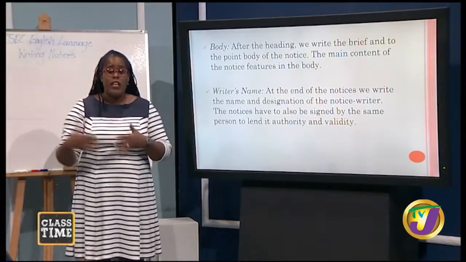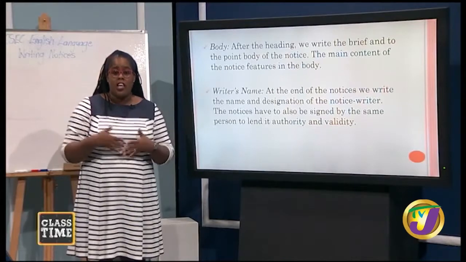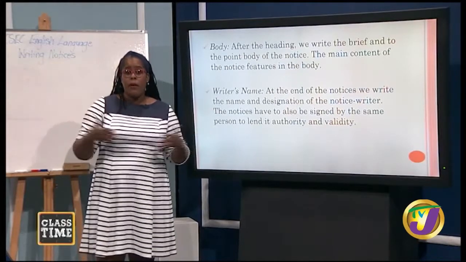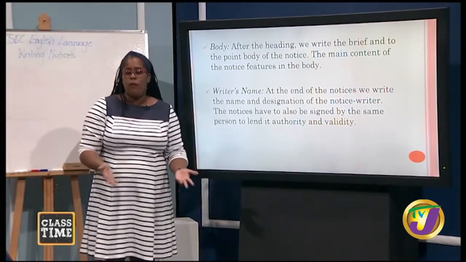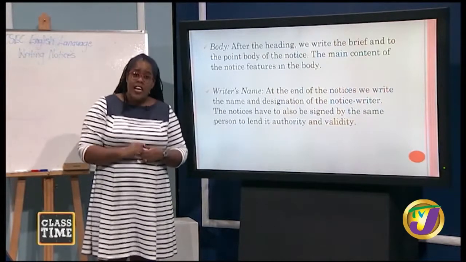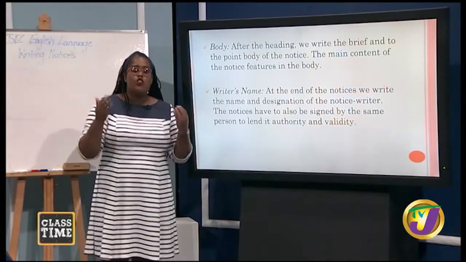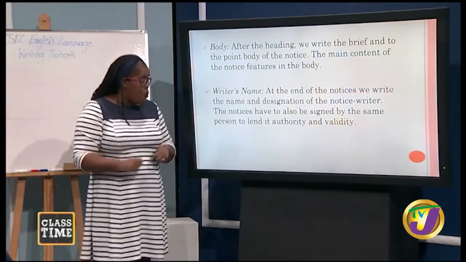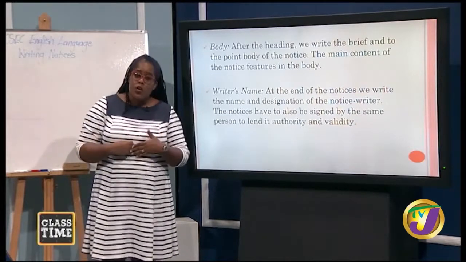So as of May 25, 2021, we will no longer be accepting checks. So we know that after May 25, I cannot go in there and ask them to change this check for me. No, because management signed off on it and said, we're not taking any checks after this date. So what it does, as I mentioned before, it lends authority and validity to the notice.